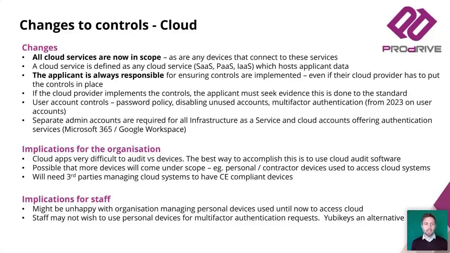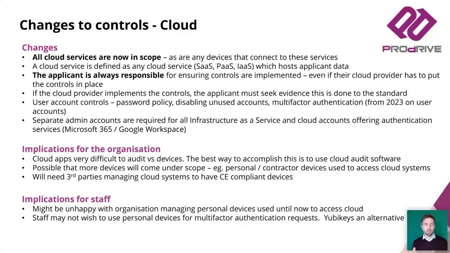What's really important to understand here is that you, as the applicant, are responsible for ensuring that the controls are implemented. Those controls might actually be outside of your control to put in place. Your cloud provider might be responsible for doing them as part of your agreement with them, and as part of the way they manage the software.